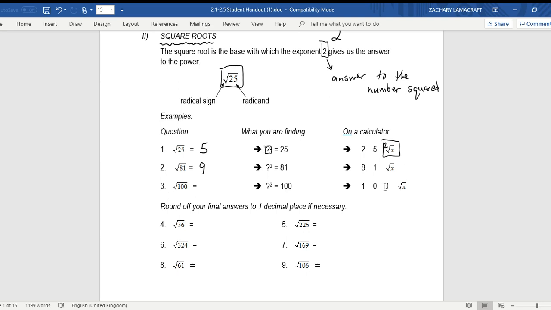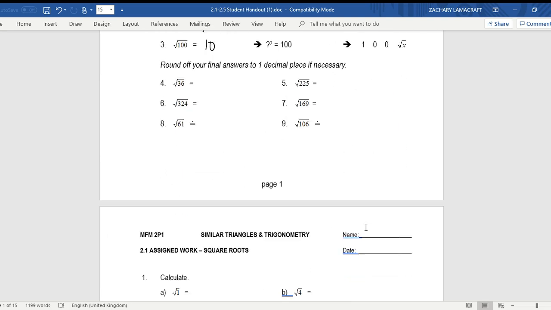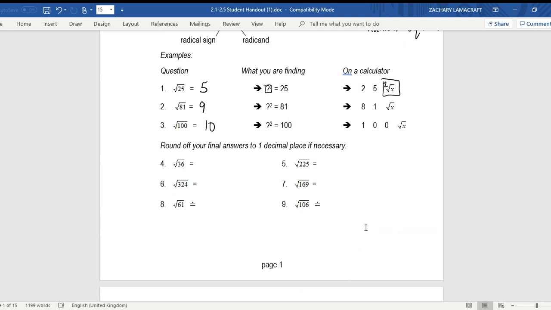I do 1, 0, 0, then the square root button, giving us 10. Okay. If we looked at the following work, I'd like you guys to try and do this on your calculators while you're following here. So if I did the square root of 36, it would be 6.